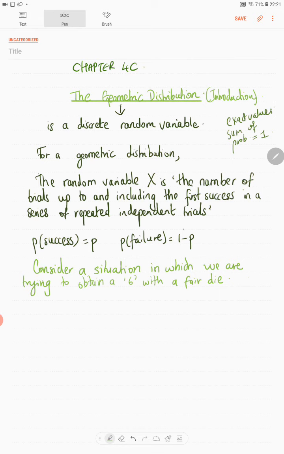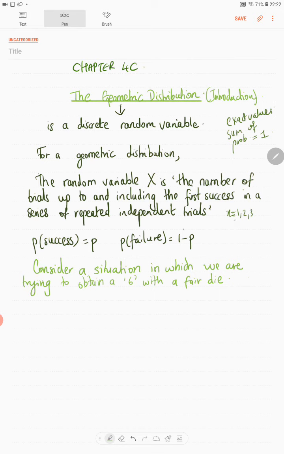That is, we want to know how many trials there must be in order for us to obtain our first success. So the least number of trials must be 1. The number of trials cannot be 0, unlike the binomial distribution where we could take the smallest value of x as being 0.